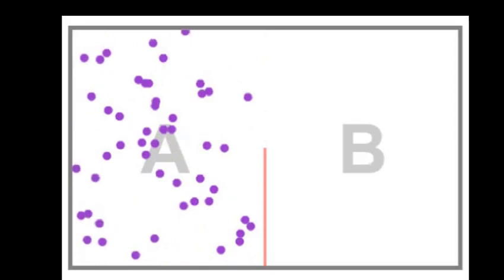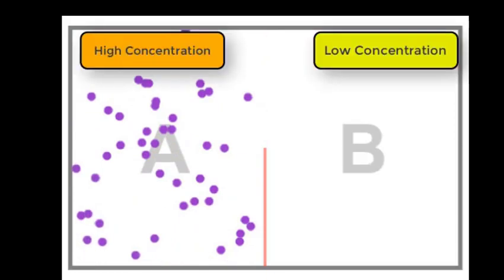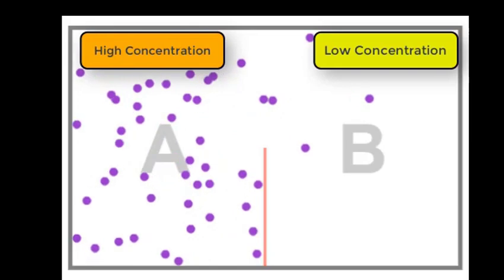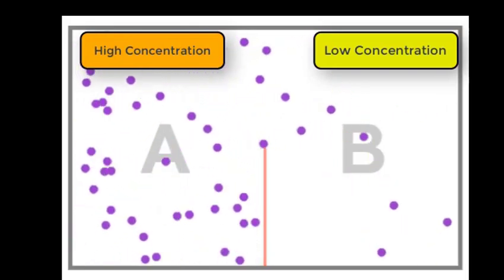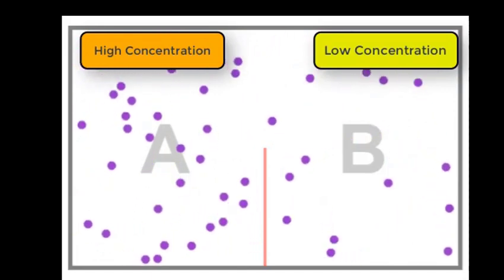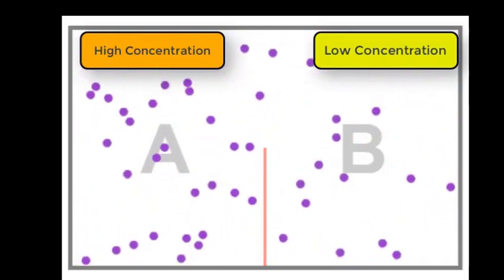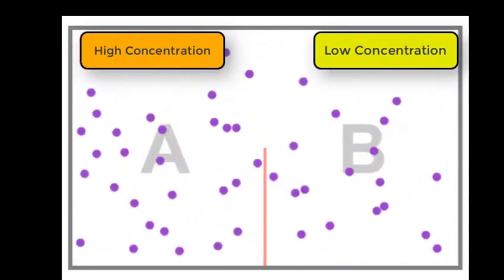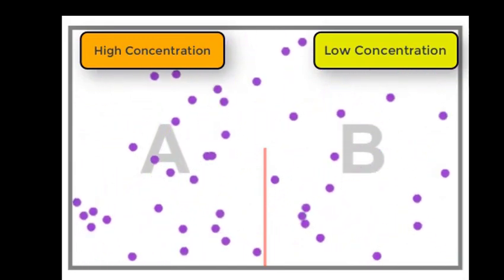Region A has a high concentration of molecules, so when these molecules start moving, we see those random collisions start to occur, and the molecules start to spread out. Some of those molecules are sent through the open space above the wall, the red line. This causes the movement to go from an area of higher concentration to low.